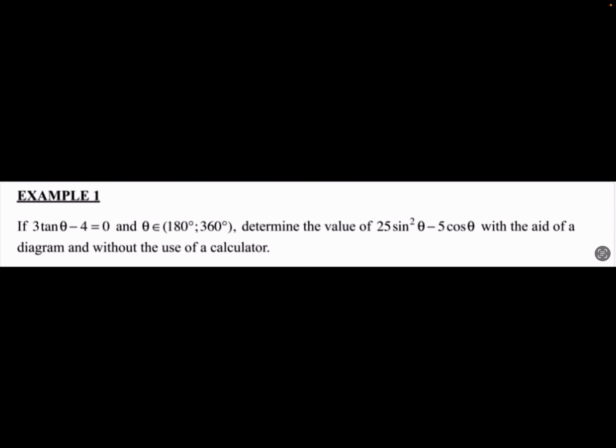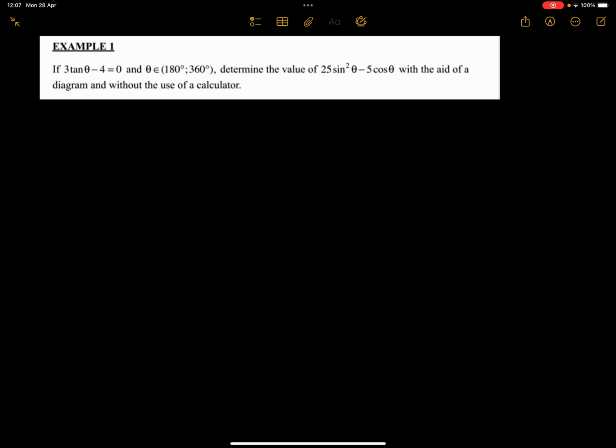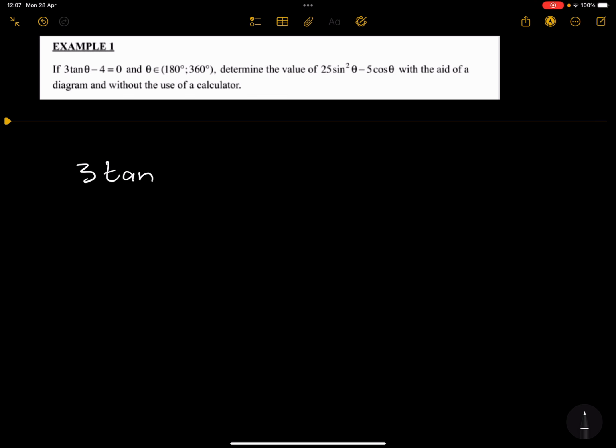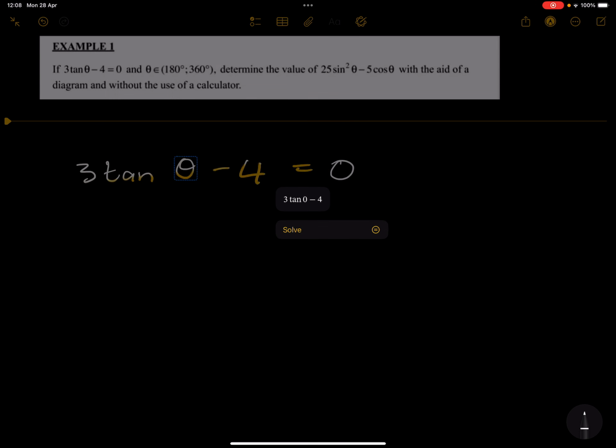They want us to determine the value of 25 sine squared of theta minus 5 cos of theta with the aid of a diagram and without the use of a calculator. Right, ladies and gents, what's the first thing we're going to do? We said we are going to isolate our trig ratio. So 3 tan theta minus 4 equal to 0, right?